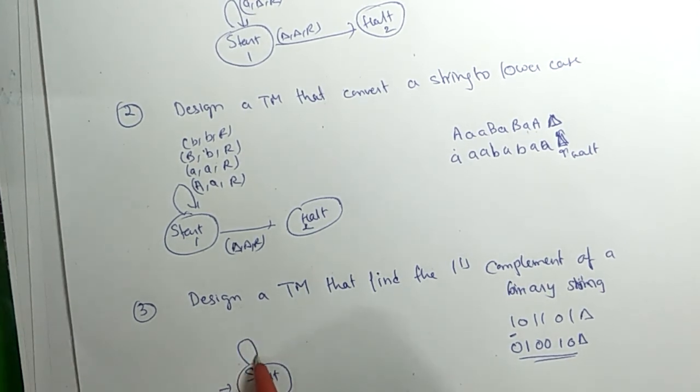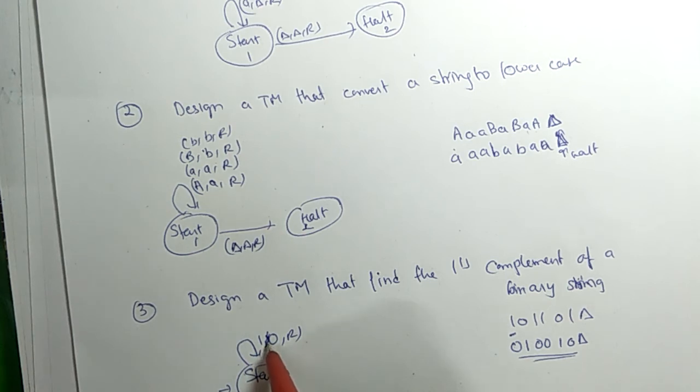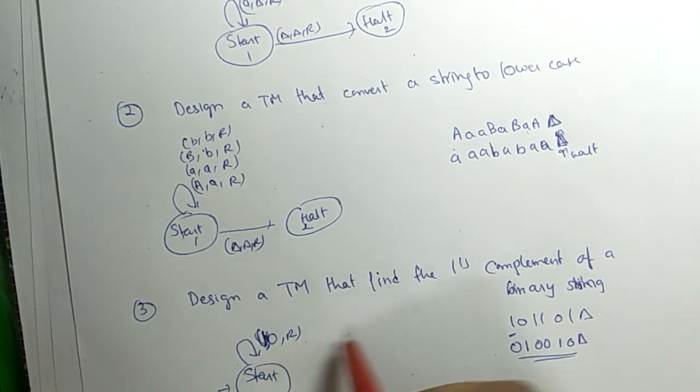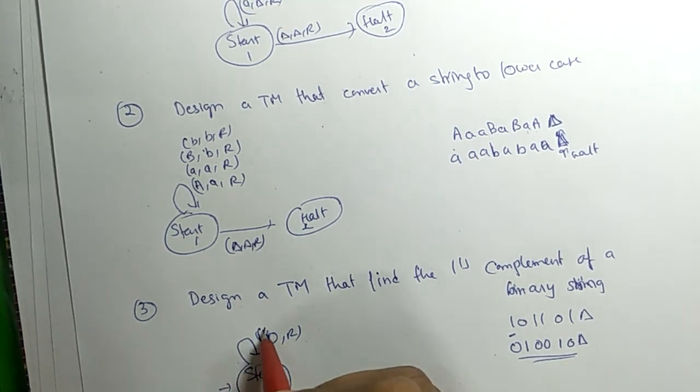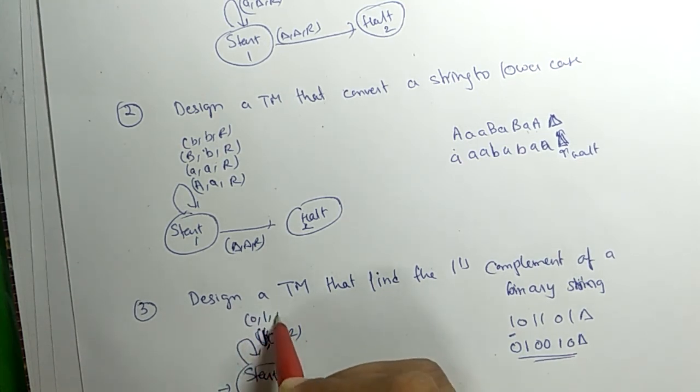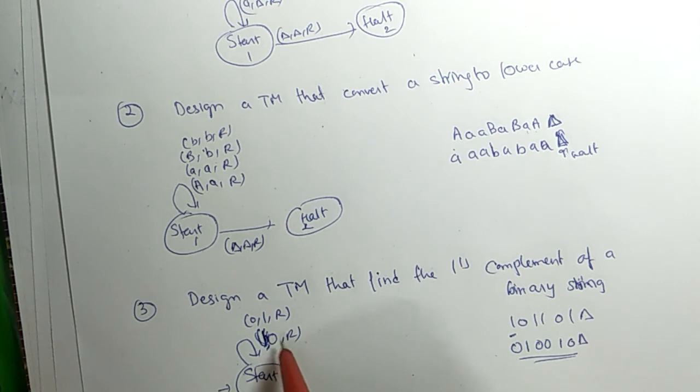If we get 1, convert it to 0, move to right. And if you get 0, convert to 1 and move to right. So every 1 will be converted to 0 and every 0 will be converted to 1, and we will move to right.